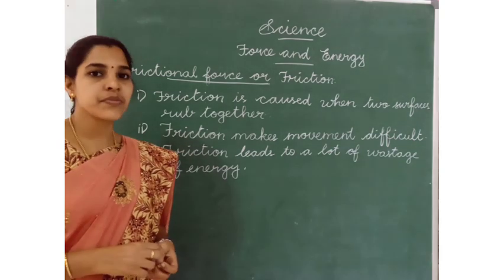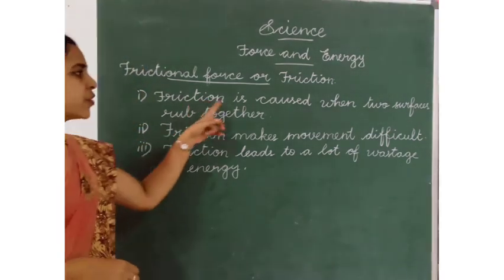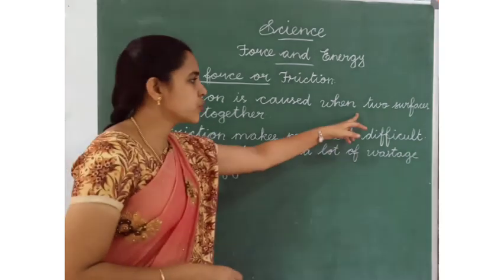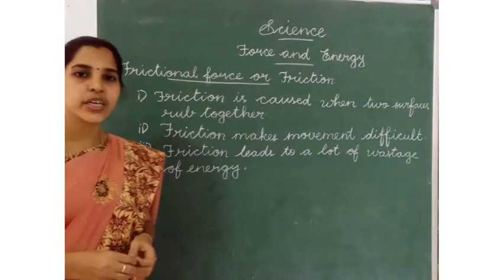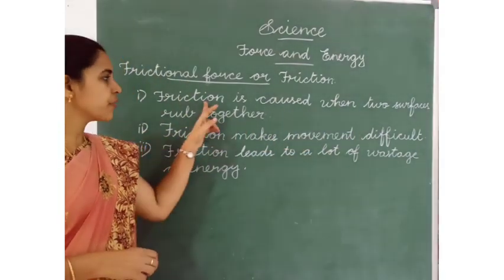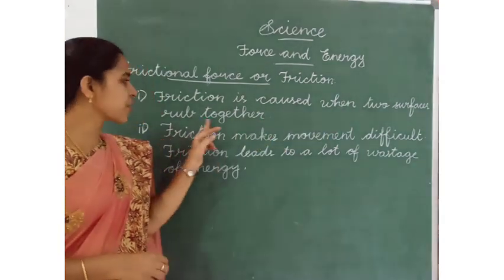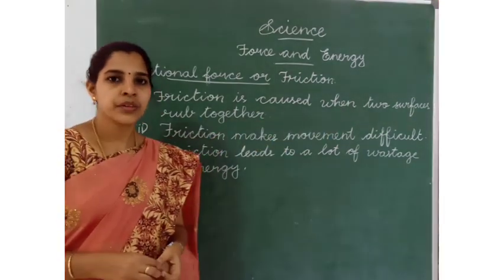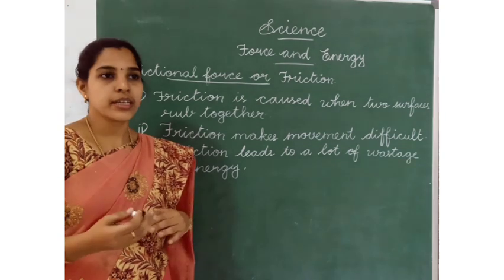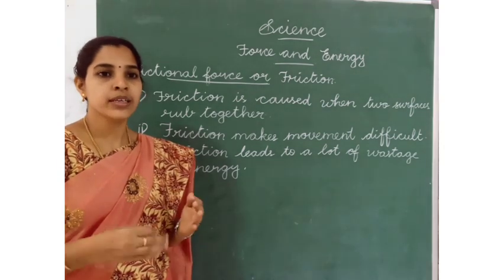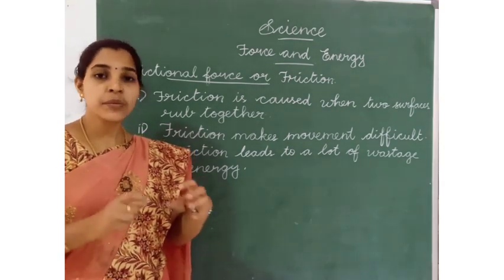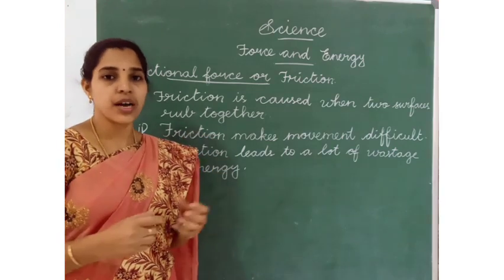What are the problems we will see now? First one is friction is caused when two surfaces rub together. If any machine is working, it works very fast and rotates very fast.